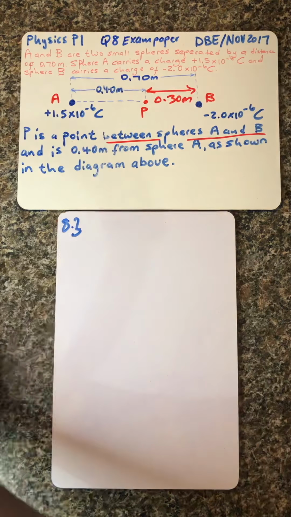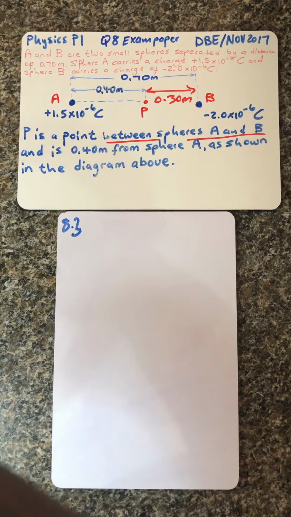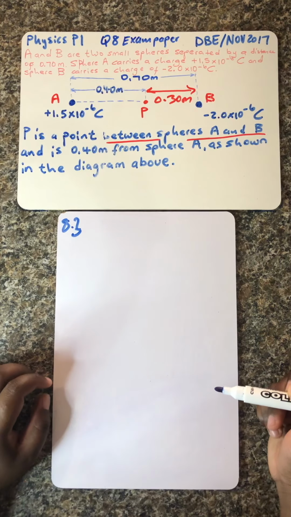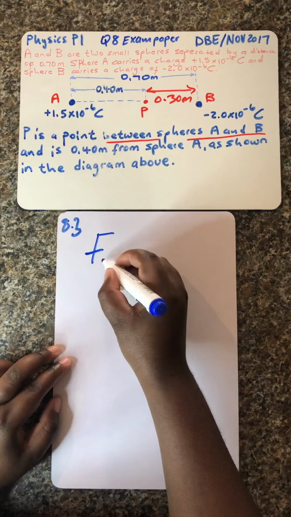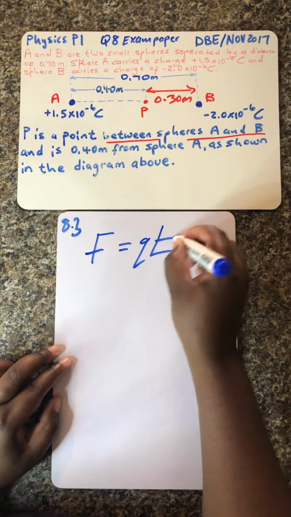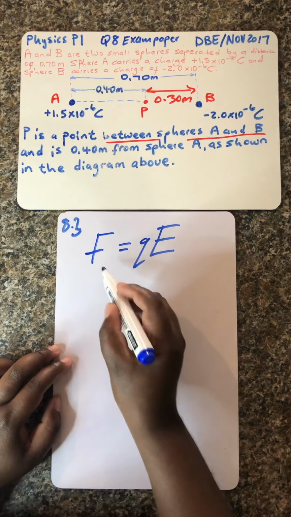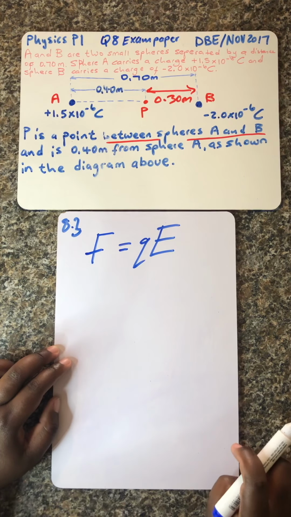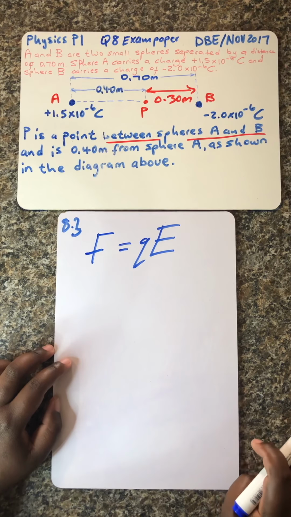So this is one of those easy questions where we won't have to stress that much. We won't have to waste a lot of time. Guys, I've shown you the formula sheet with all the question papers that you need. There's a formula which says force is equal to charge multiplied by electric field. So this is the formula that we're going to use to calculate the magnitude of the electrostatic force experienced by this charge.